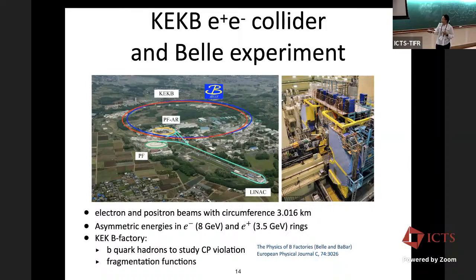So if you think about this asymmetric energy, why would you want to do that for this type of study? I'll ask you later. It's actually the so-called B factory, because it produced B quark hadrons to study CP violation and some other physics processes. We'll mainly discuss this in terms of the fragmentation function study.